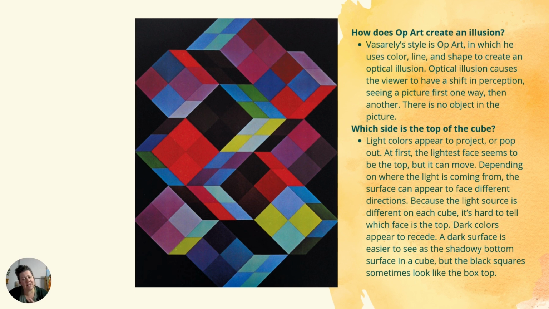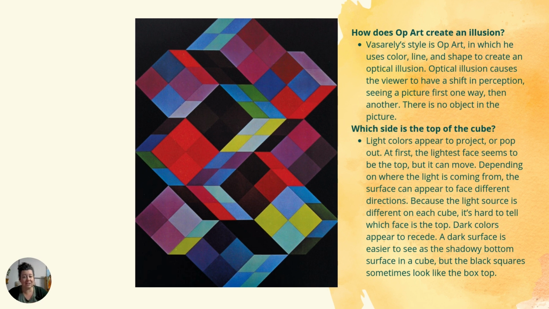Well, what I want you to see here is that the light colors on these cubes appear to project or pop out. At first, the lightest face seems to be on top, but it can move. Depending on where the light is coming from, the surface can appear to face different directions. Because the light source is different on each cube, it's really kind of hard to tell which face is the top.